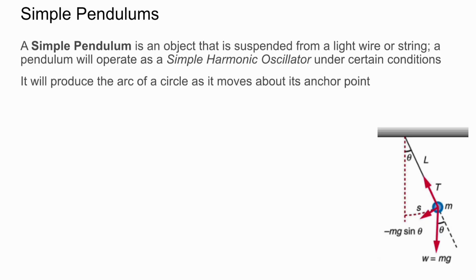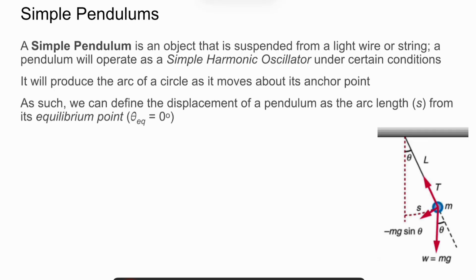So it's going to produce the arc of a circle as it moves around its anchor point, and we can see that in our diagram below. As we let go of a pendulum bob, it's going to swing back and forth along the arc of a circle, so we're going to make a little bit of a smiley face. Because of that, we can define the displacement of the pendulum as the arc length that it has from its point of equilibrium.